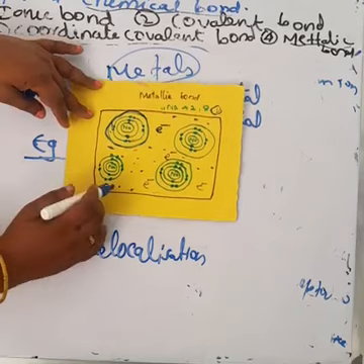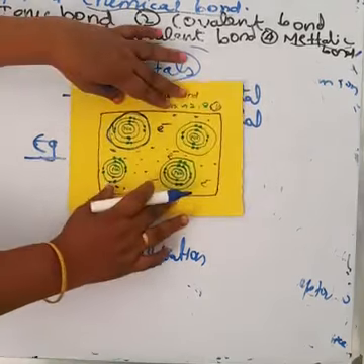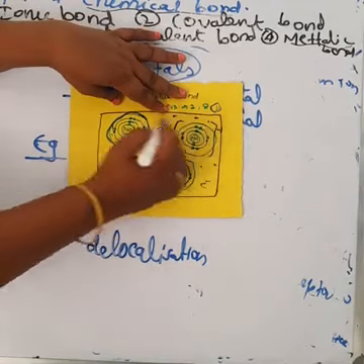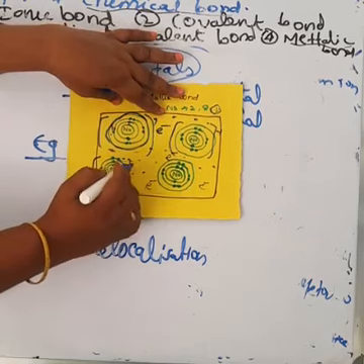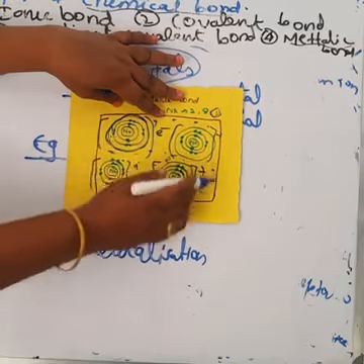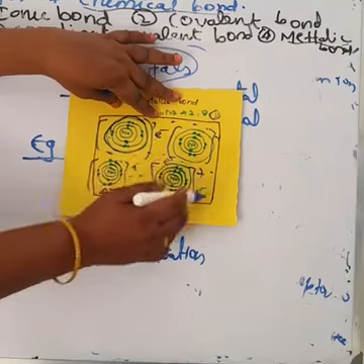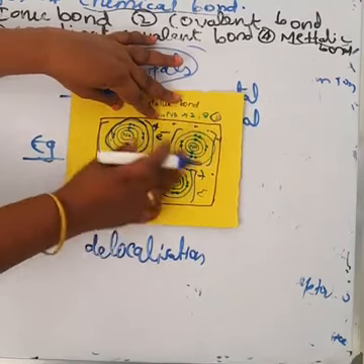These electrons then move freely through the space.